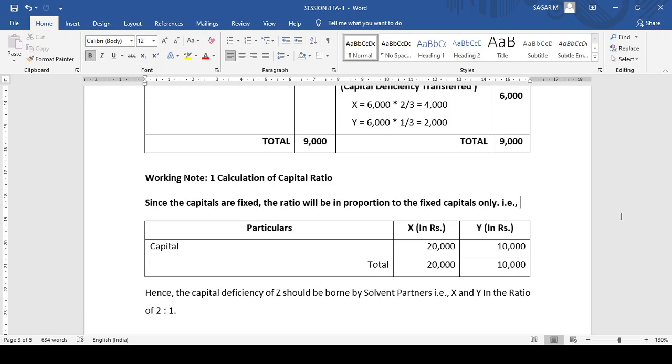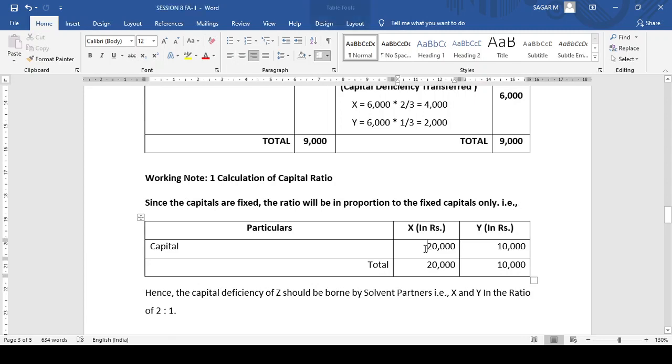So now, as usual, take the capital balances of X and Y, that is 20,000 and 10,000. Convert the same 20,000 and 10,000 into a ratio. The ratio will come down to 2:1. Hence, here on the top, I am highlighting.